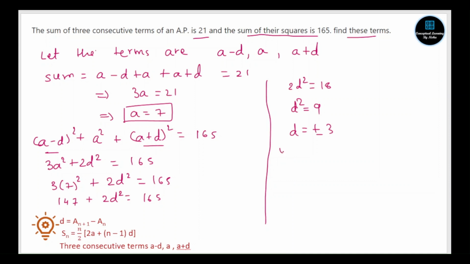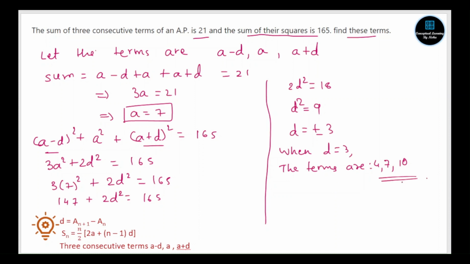Now when d equals 3, the terms are, which are the terms? We have first a minus d, so it is 7 minus 3, that gives you 4, then 7, and if you add 3 you will get 10.